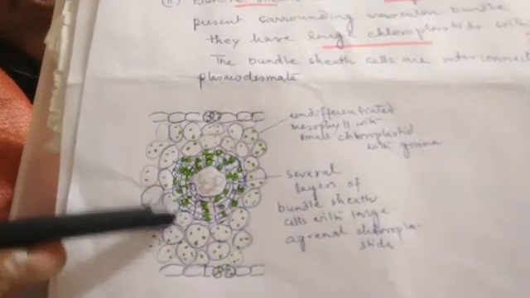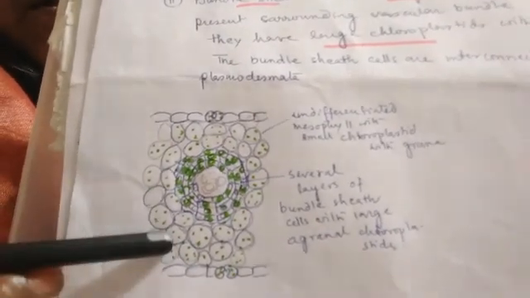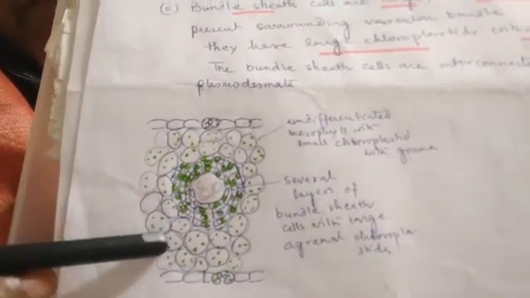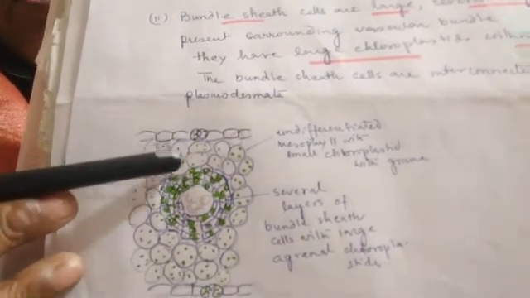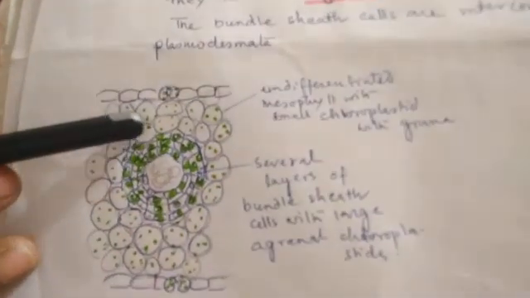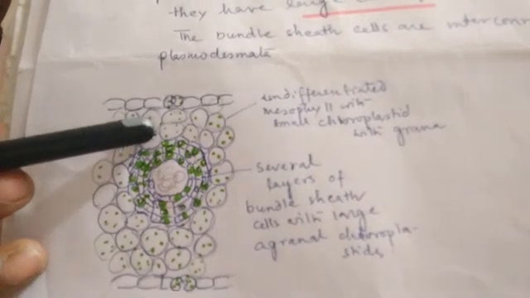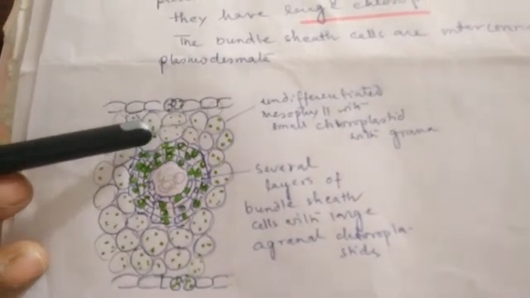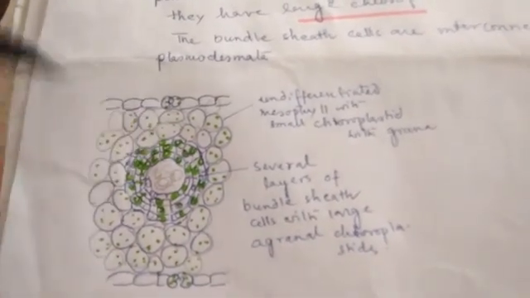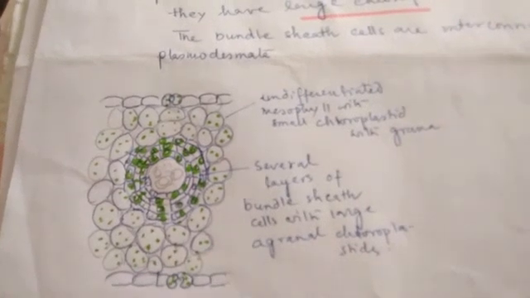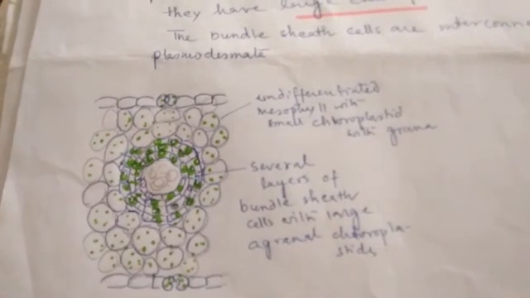So, undifferentiated mesophyll cells, this is one of the features. Next, the chloroplasts present in the mesophyll cells are comparatively small and contain grana, and the stroma part is very less.